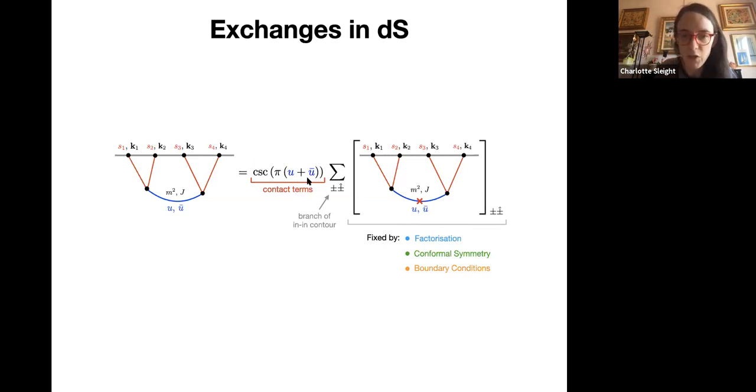There's an ambiguity in the way that you can split this cosecant factor in terms of gamma functions, and this selects different integration contours in your Mellin integral. These different choices parameterize the ambiguity in adding contact terms to your exchange. This is a bit technical, so I don't know if I explained it in a clear way.